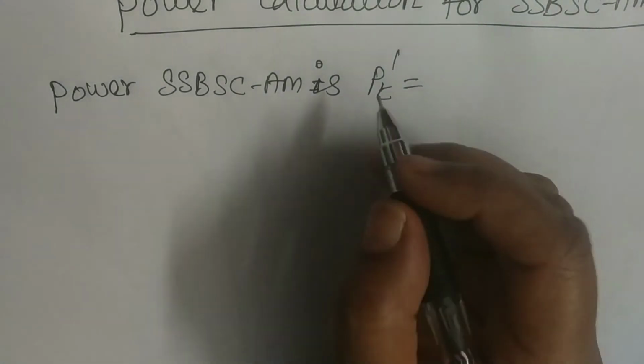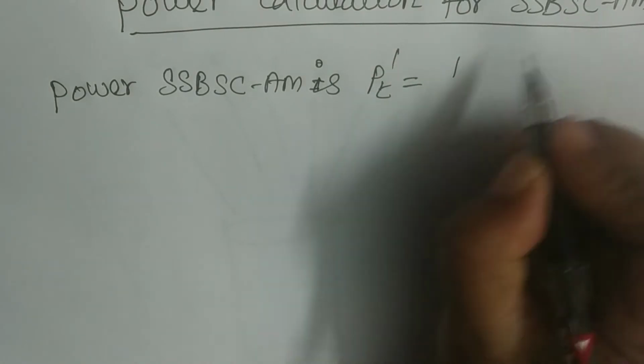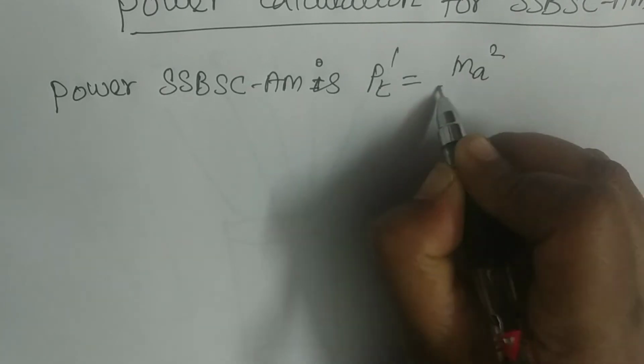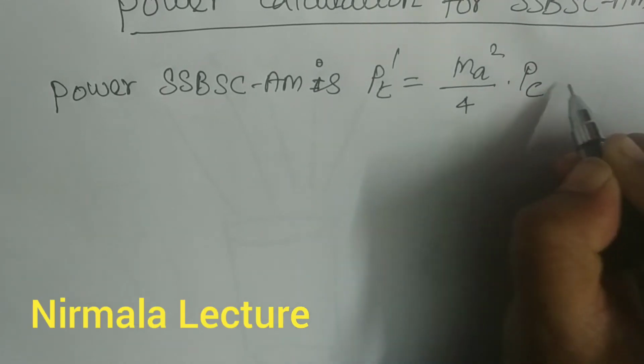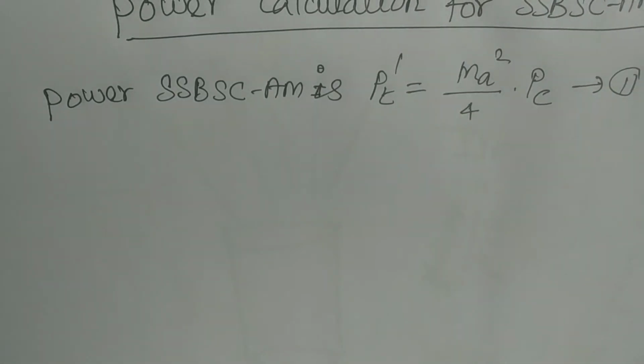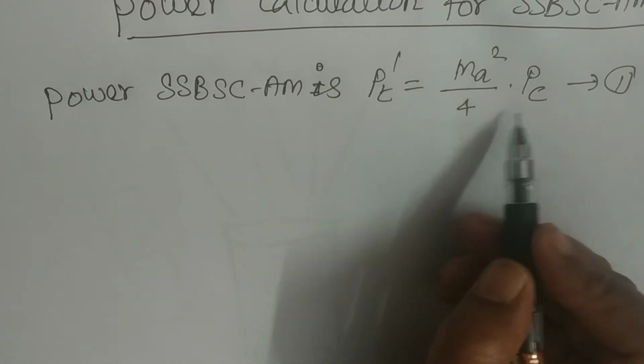We know that the power in the power equation for SSB SC AM is MA squared by 4 into PC. To understand the power calculation better, you have to refer to the previous videos, then come back to this video. So the power for the lower sideband is MA squared by 4 into PC.